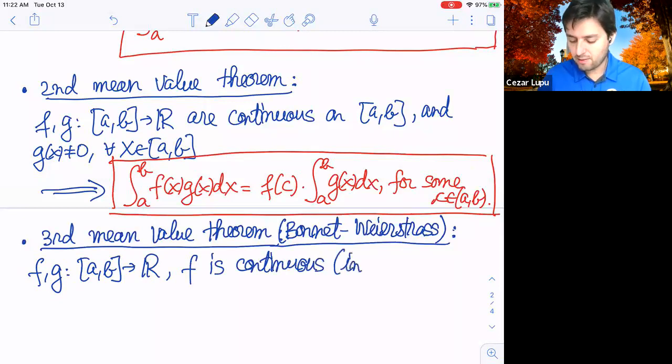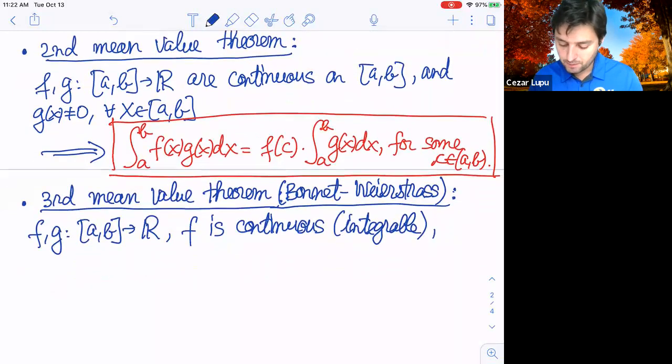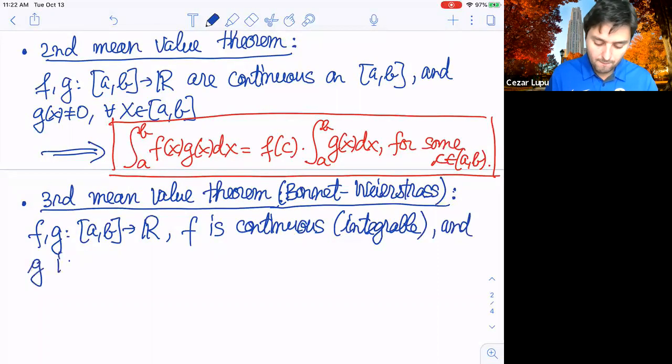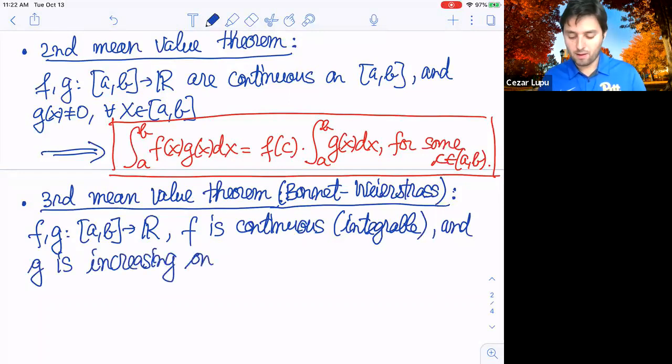Well, in fact, you can say it's just integrable, but let's just say it's continuous, and g is increasing on the interval [a, b].